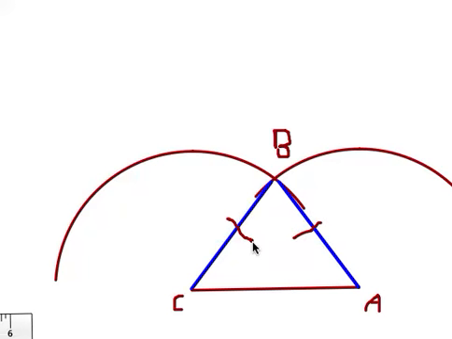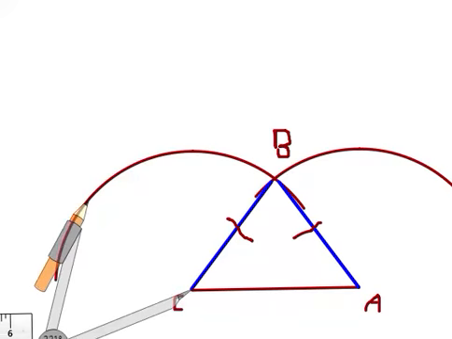We want to bisect AC at D, then draw BD perpendicular to AC. Okay, first we can use the protractor or the compass here to bisect the base.